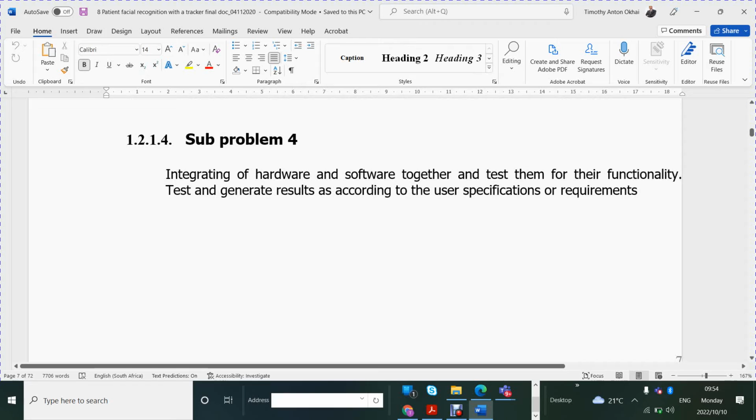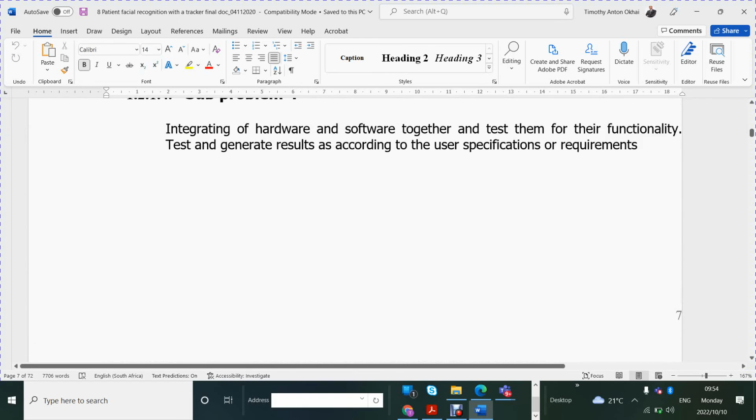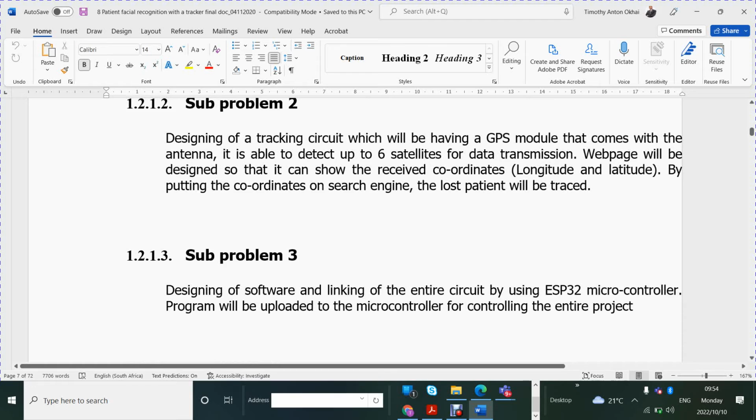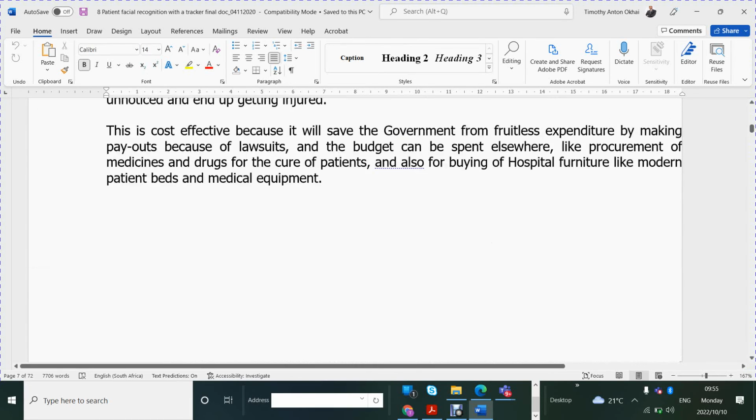And finally, the fourth sub problem: integration of hardware and software together and testing them for their functionality. And this test will generate results according to the user specification or requirements. So you see how she broke it down into the steps she's going to follow to solve this problem. By following each of those steps, the main problem would have been solved.